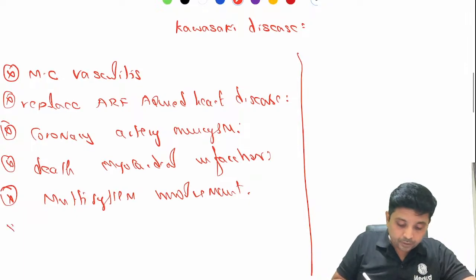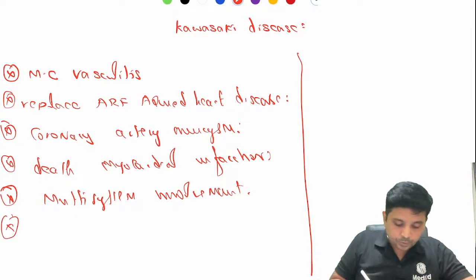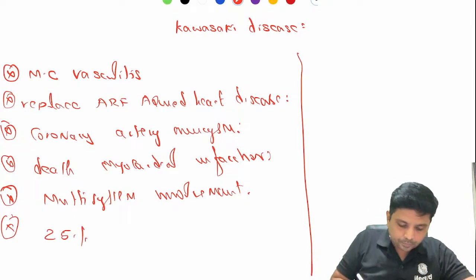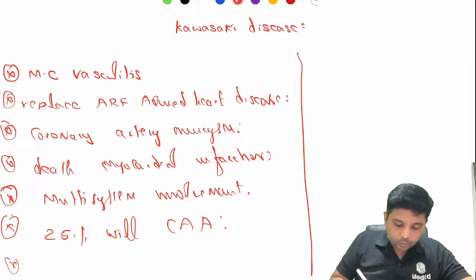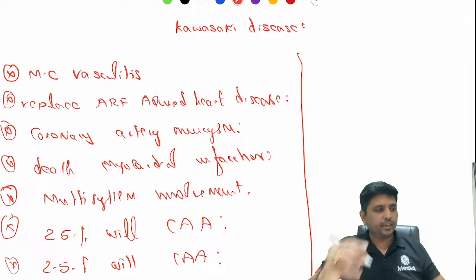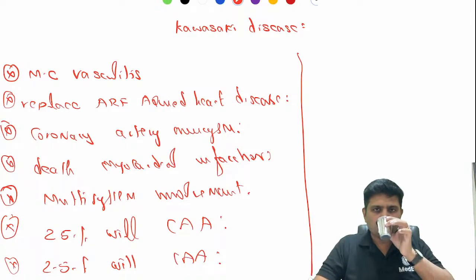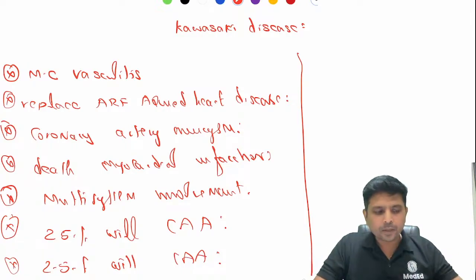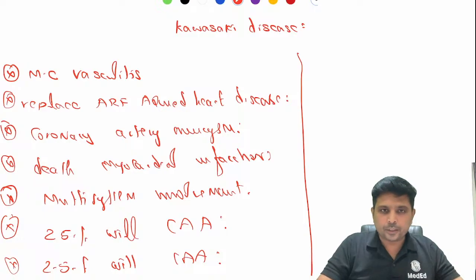When you don't treat Kawasaki disease, almost 25% will have coronary artery aneurysm, and when you treat, only 2 to 5 percent will have coronary artery aneurysm. Okay.